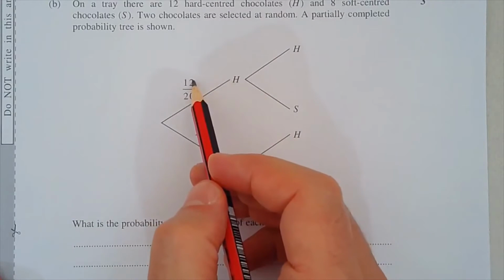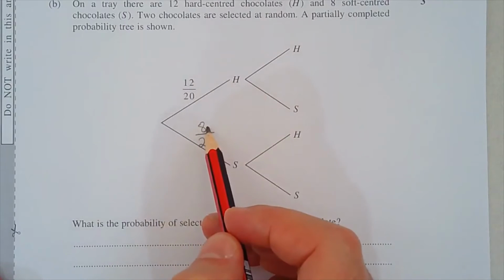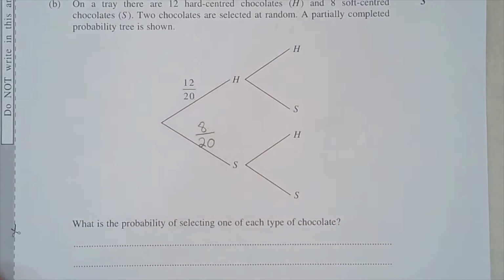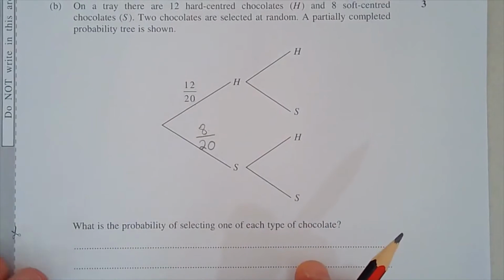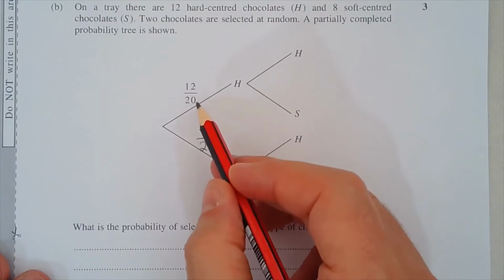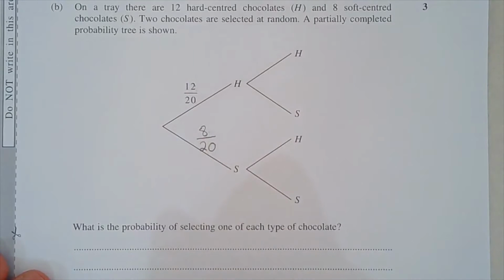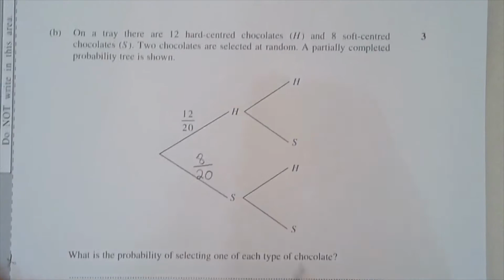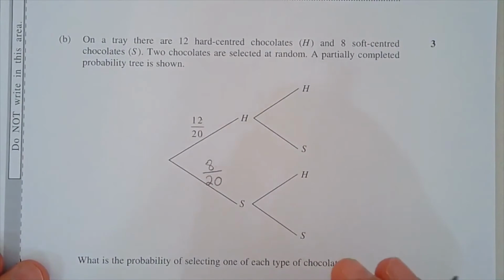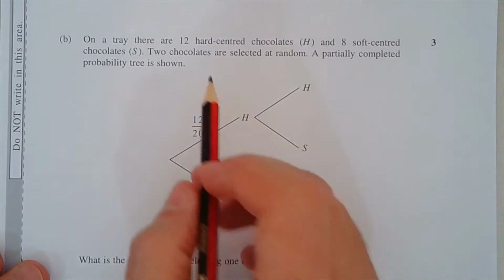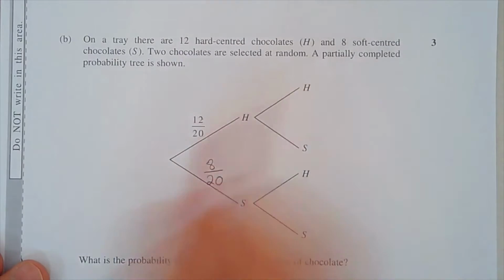Since there are 12 hard-centered chocolates, 8 soft-centered chocolates, and a total of 20 chocolates. Now, we've drawn one of the chocolates out. How many chocolates are there left? There should be 19 because it's without replacement. Even though it doesn't say without replacement, it's assumed. 2 chocolates are selected at random. You don't put the chocolate back, right?